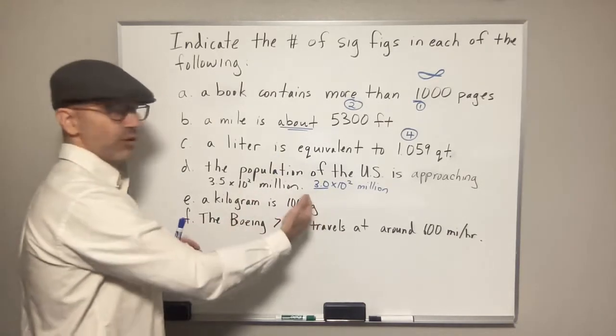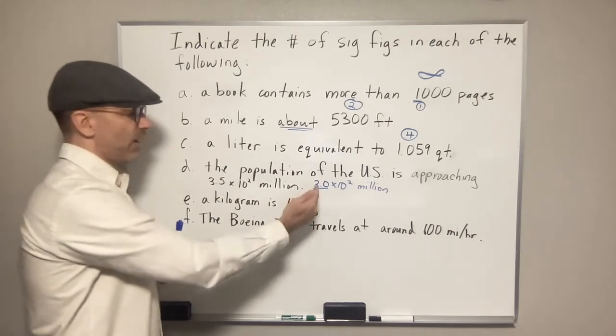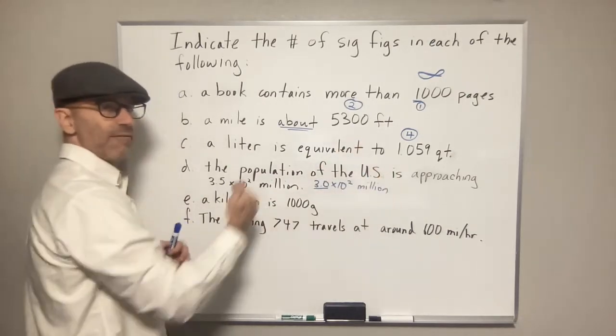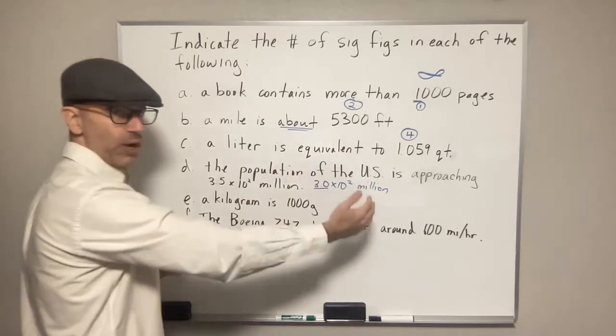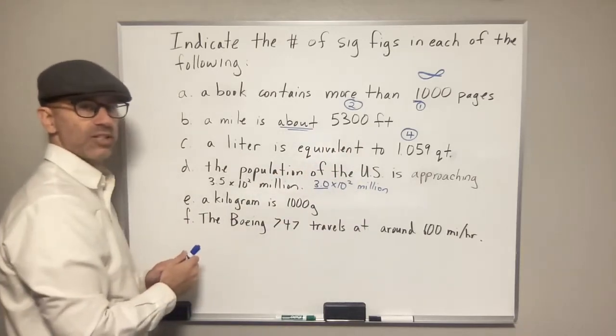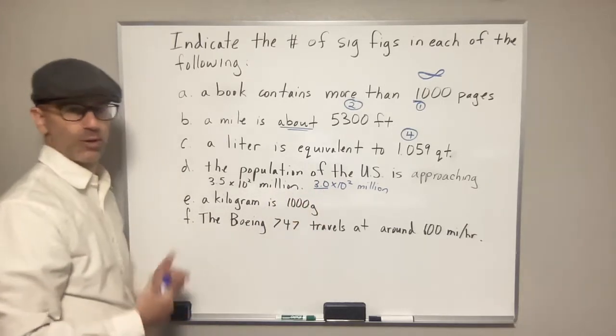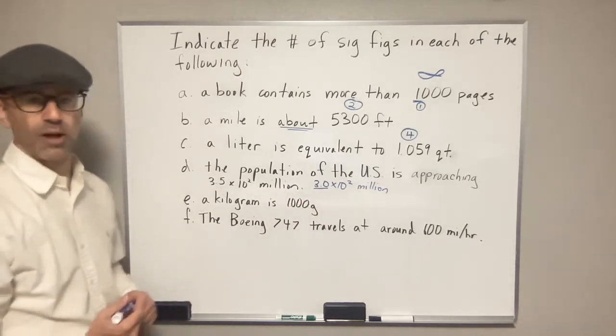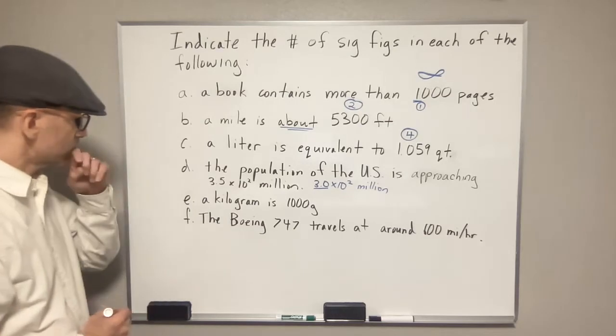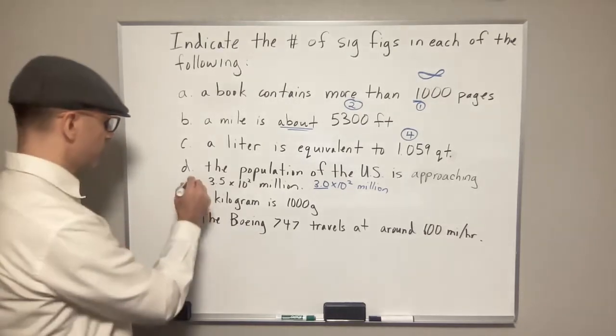So you could also follow the rule that trailing zeros at the end of your number are significant when there's a decimal point. We have a decimal point, therefore significant. So that's another way to think about it as well. So this is 2 sig figs.